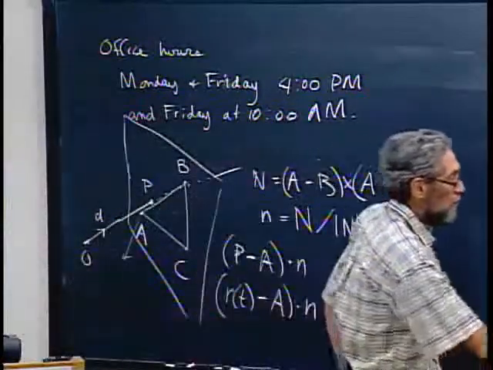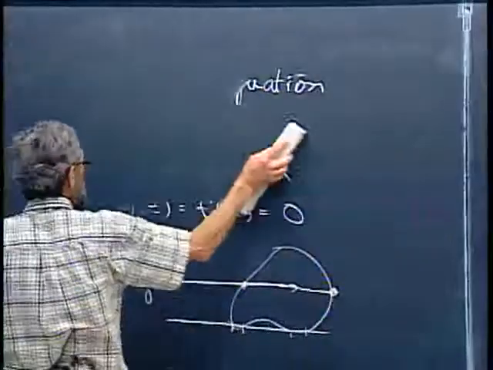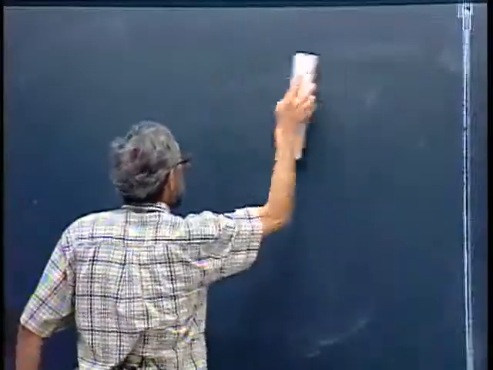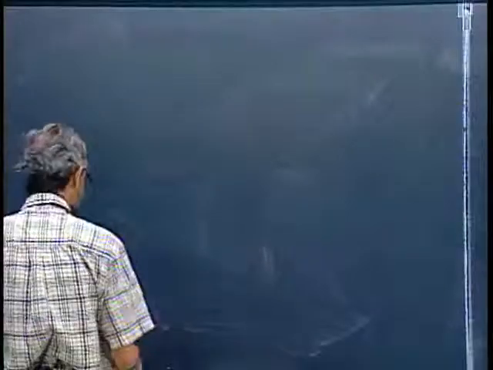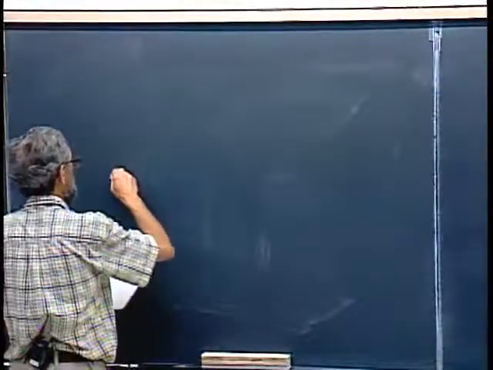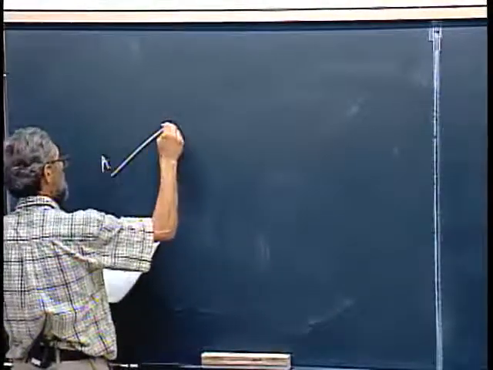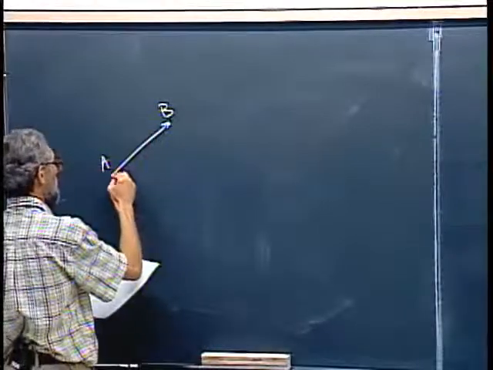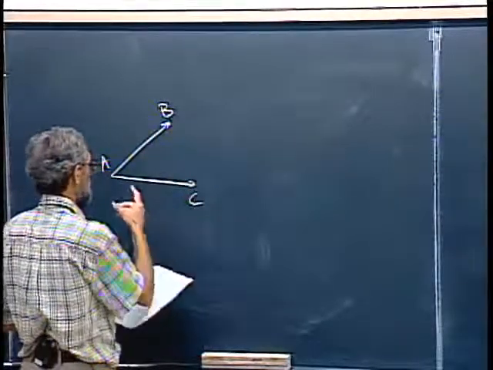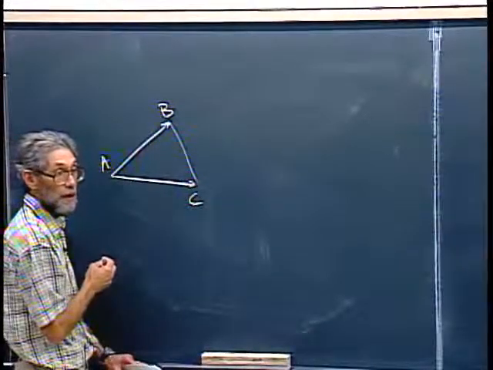So I'm going to tell you two ways to do that. The one is to try and parameterize the plane. And what we're going to do is think of, here is A, here's B, and here is C. And we think of these two vectors as parameters on the plane.